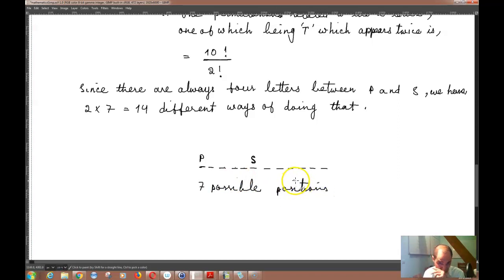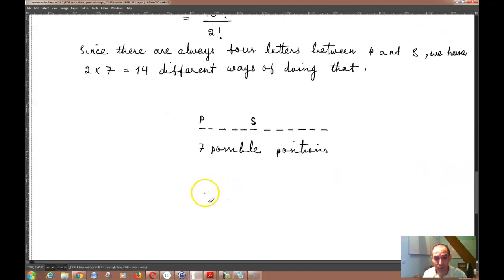And there is also the possibility that you have all of these 12 placeholders here, but then your S is over here, and then you have 1, 2, 3, and 4, and then your P is over here, because there is no condition that says that, for example, the word has to start with a P or with an S. There is no condition there.